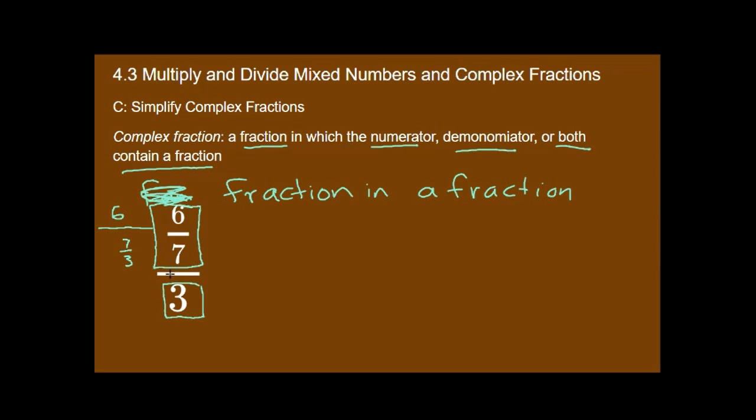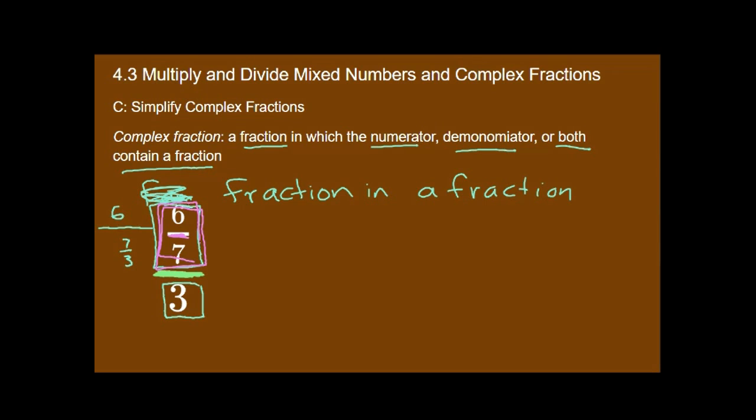It's because of the size, right? You can see that this fraction bar is larger, so that's the main fraction bar, and this fraction bar is smaller, so that means that this fraction goes together as the numerator, and then everything under the larger one is the denominator.